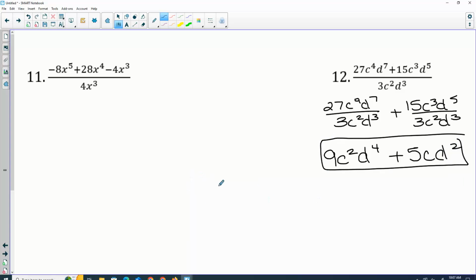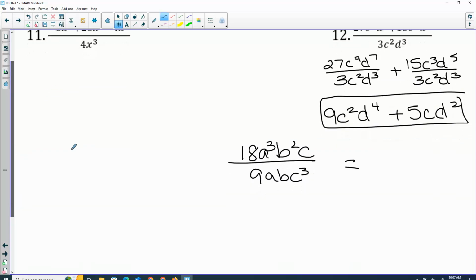Just as a side note, what if I gave you a problem like this? So it's just one thing to divide. 18 divided by 9 is 2. You have 3 a's on top and 1 on the bottom.